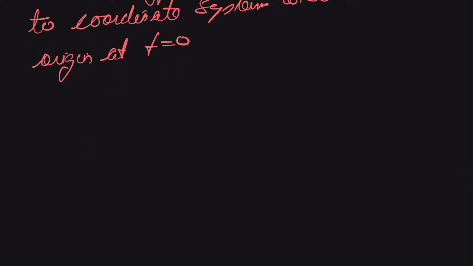Therefore, we have our A and we have our B, and suppose the center of mass is somewhere here, and its distance from A is RA, and from B is RB.